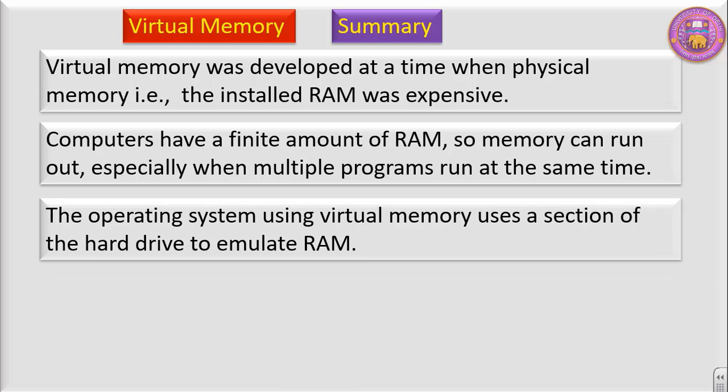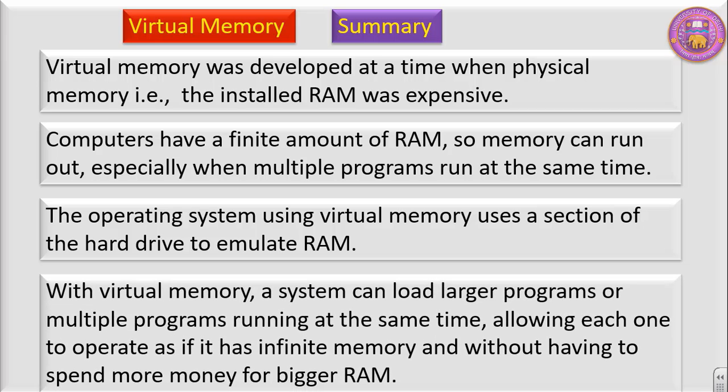The operating system using virtual memory uses a section of the hard drive to emulate RAM. With virtual memory, a system can load larger programs or multiple programs running at the same time, allowing each one to operate as if it has infinite memory and without having to spend more money for bigger RAM.